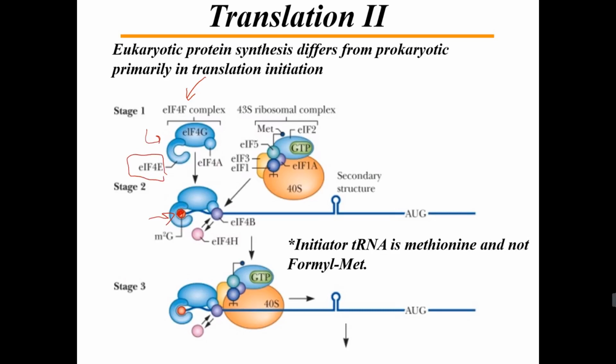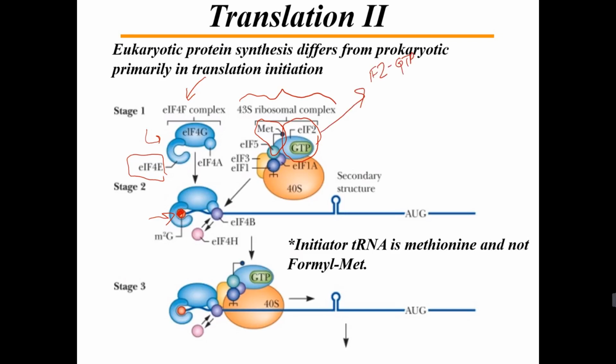Then we have assembly of the 43S ribosomal complex. In this complex, we have our initiator tRNA with Met and eIF2, which is bound to GTP. This is quite similar to what we saw with IF2 in the prokaryotic cell.